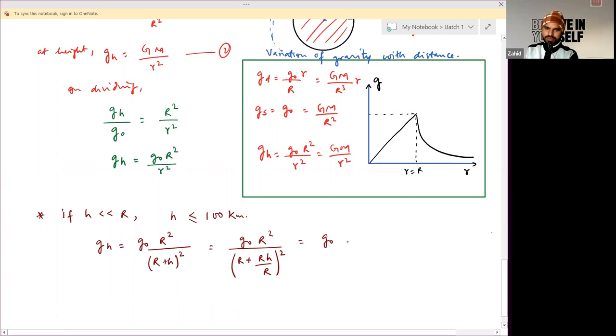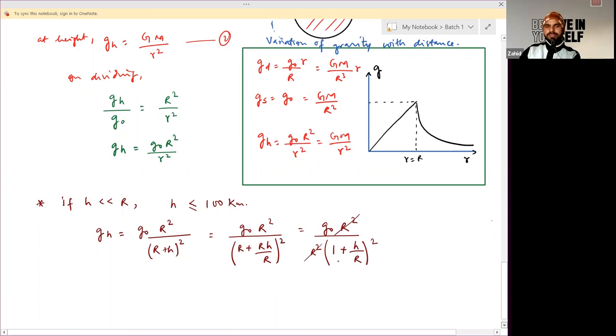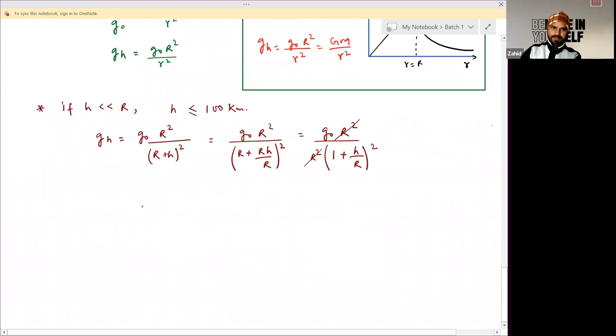So it will be g naught times R squared divided by R squared times 1 plus h by R, whole squared. Now this R squared and this R squared will cancel out. So move this denominator part to the numerator. So it will be g naught times 1 plus h by R raised to minus 2.